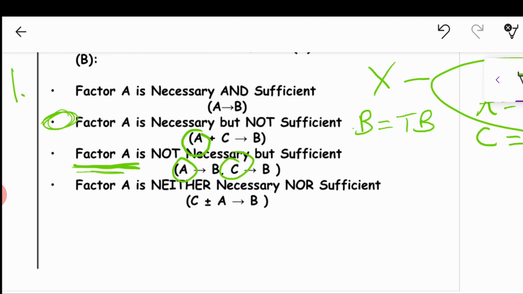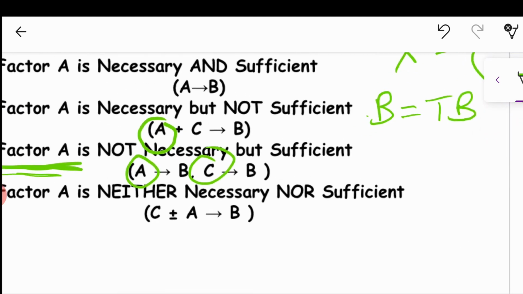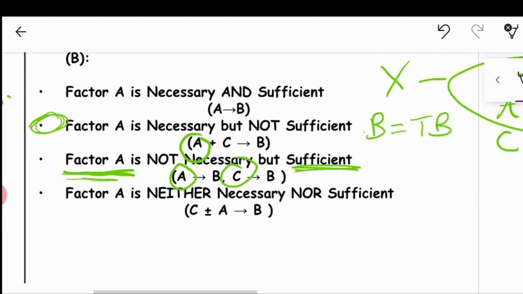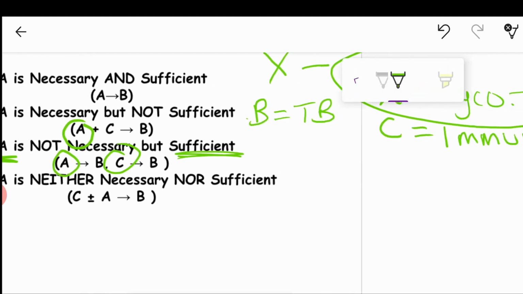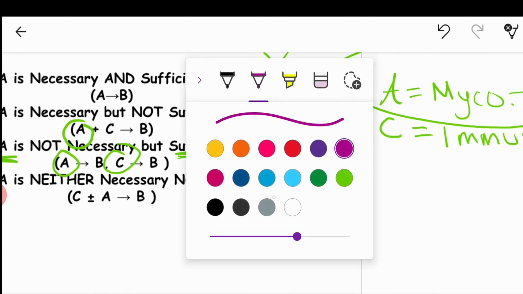So it's not necessary for A to be the factor in order to get B. C can be the factor, D can be the factor. So it is sufficient. It does cause the disease, however, it's not necessary.